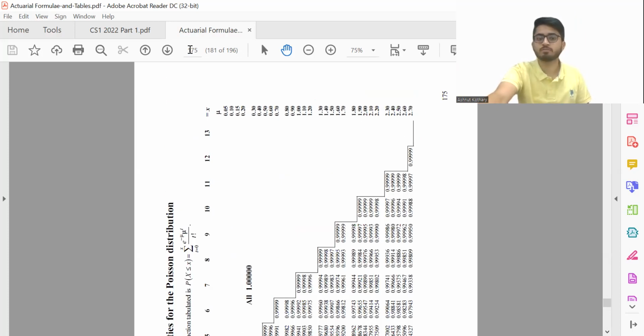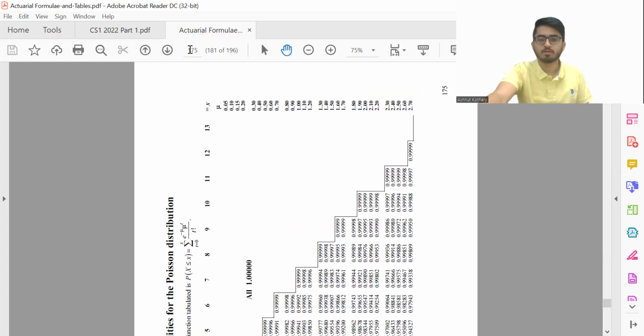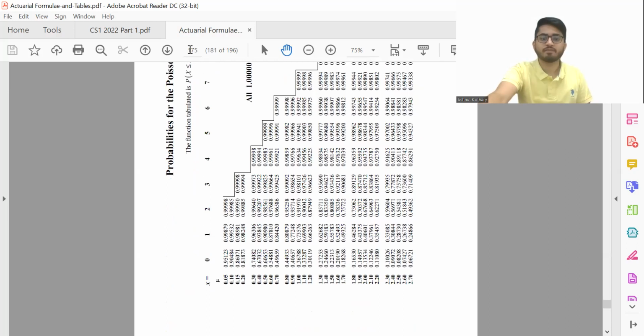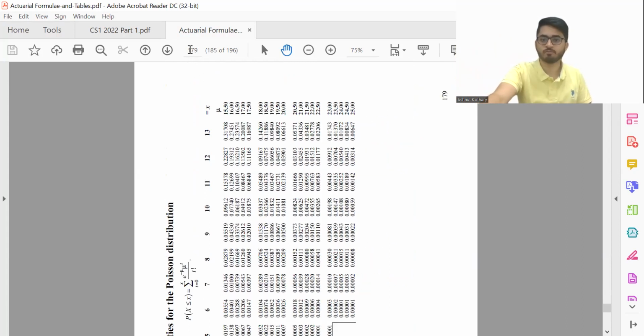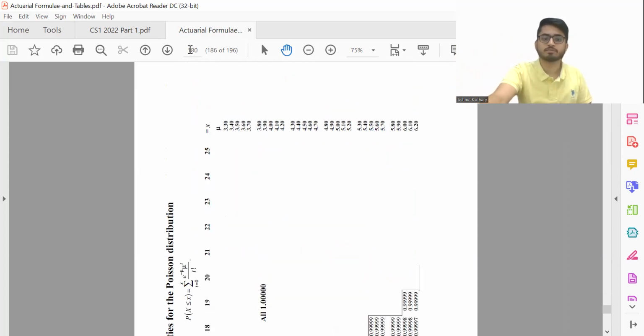Page 175 of tables. So here you will see you have x, you have different values of mu. Here mu is basically used for lambda. So you will see less than equal to probabilities are there. Then if we continue in the next pages, we have that for different values of mu till 25.